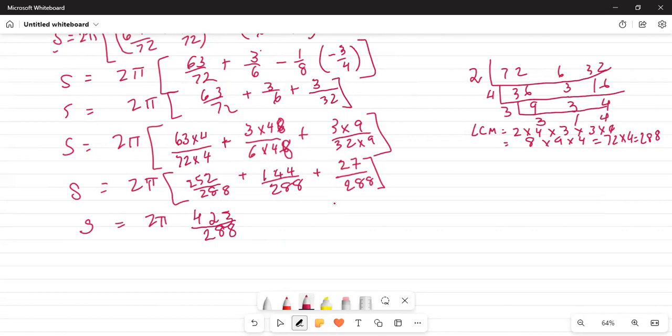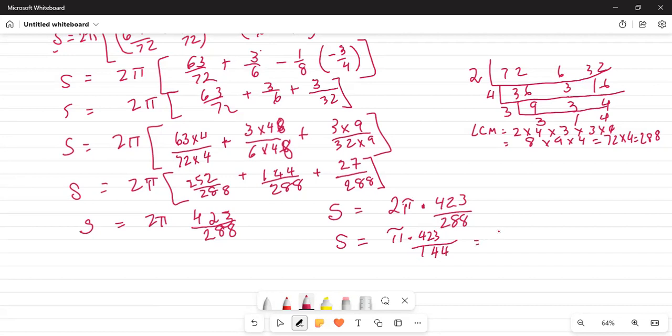So S is, and you can of course simplify, 2 pi multiplied by 423 over 288. Now let's simplify. We take out the common factor of 2, so pi times 423 over 144.